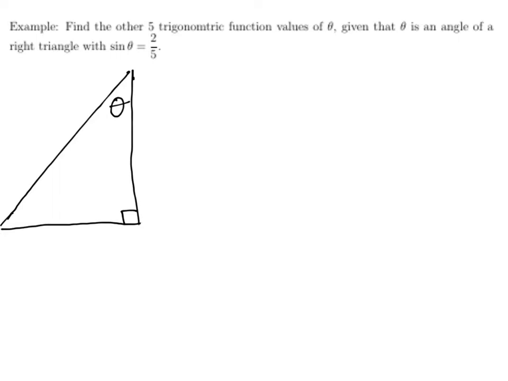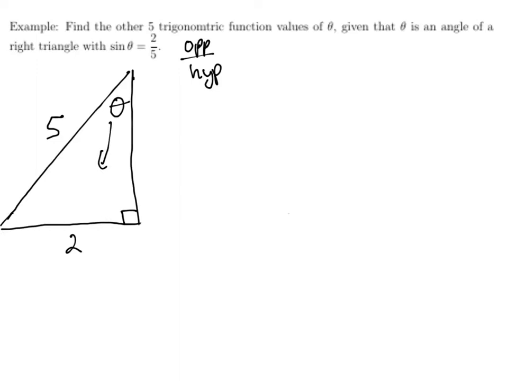We'll keep theta in this position. Now what we know is that sine theta equals 2/5. Because this is sine, we're saying opposite over hypotenuse. So the opposite of this angle is going to be 2 down here. The hypotenuse is up here.